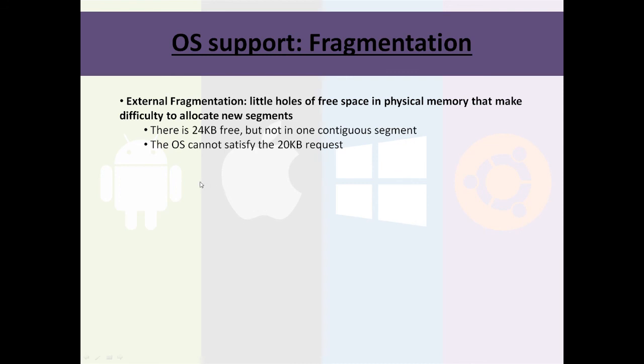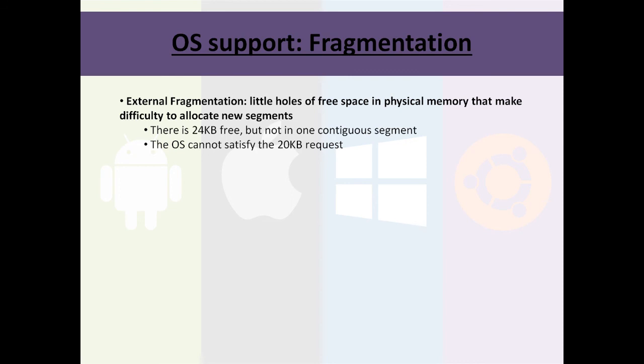Okay, so moving on, I just want to speak a little bit about fragmentation, because this is going to help us segue into the second part, which is free space management. Now, external fragmentation is basically little holes of free space in physical memory that make it difficult to allocate new segments.